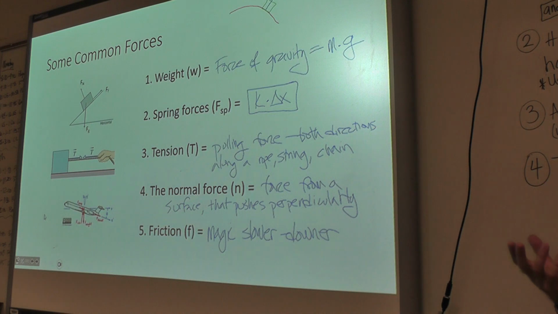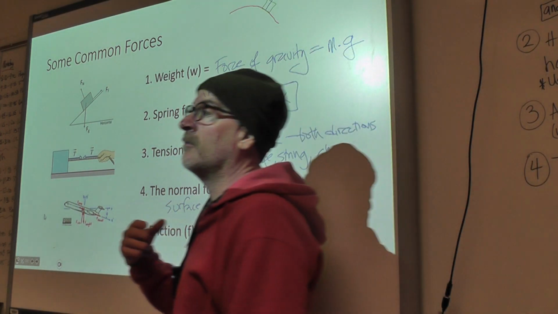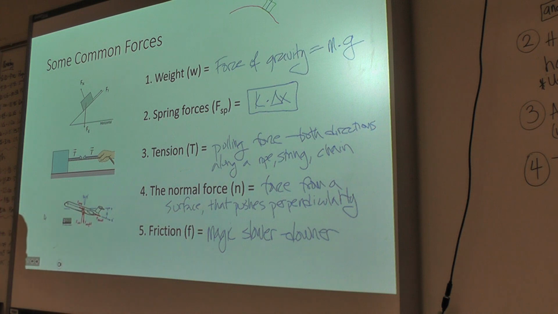So if we want to figure out how friction is slowing an object down, then we have to know a whole bunch of things about that object. So friction is the most complicated one. The nice thing about friction, though, is that if we establish a situation, then we can say, okay, in this situation, what's friction? That's a relatively easy thing to do, okay?